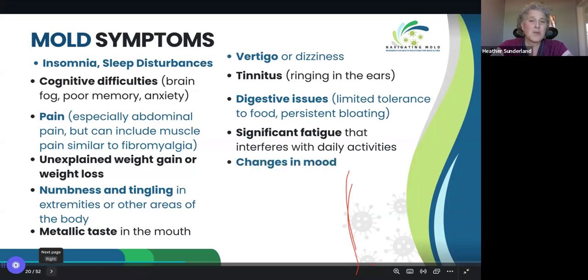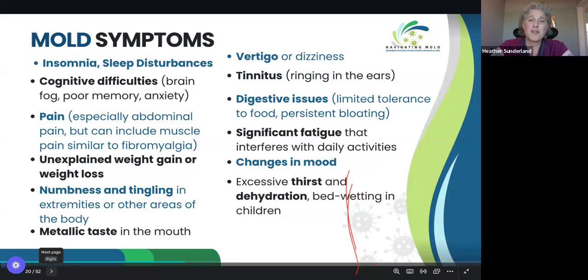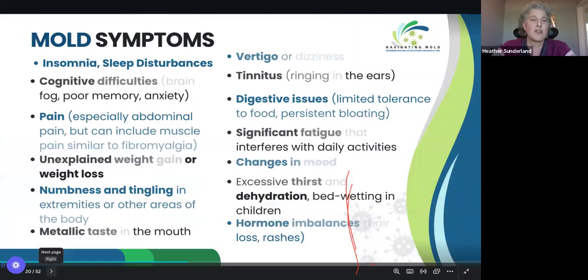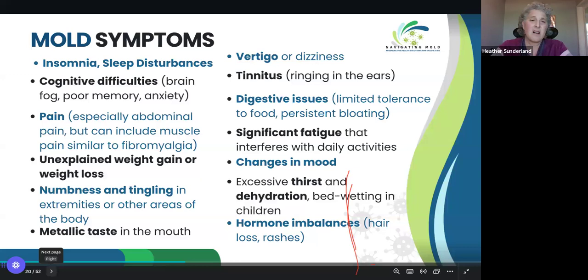People can have changes in mood, unpredictable, angry, moody, excessive thirst and dehydration. With kids, bedwetting can be a sign of mold toxicity because, again, it plays into that frequent urination. And hormone imbalances are very common when people have mold toxicity.